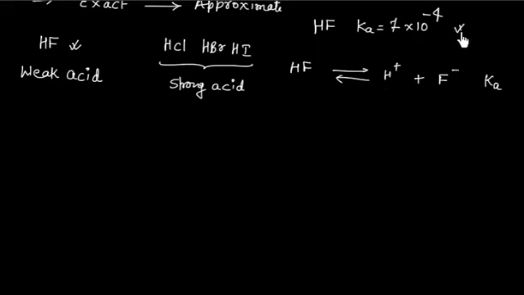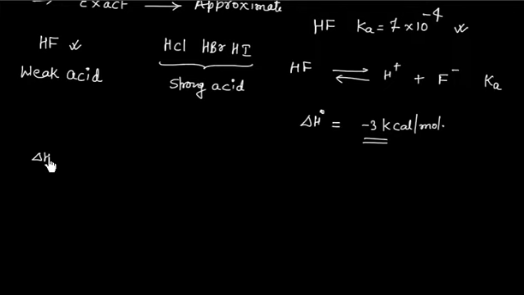For this reaction, delta H degree, that is the heat change at 25 degrees centigrade, is minus 3 kilocalorie per mole. Since delta H is negative, the reaction is exothermic, so delta H degree favors this ionization.